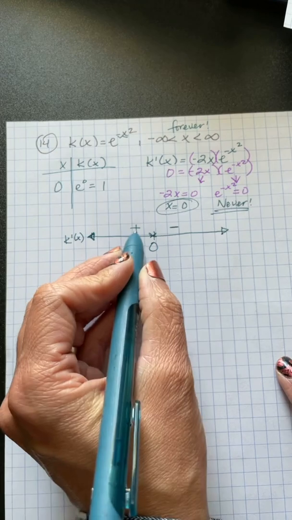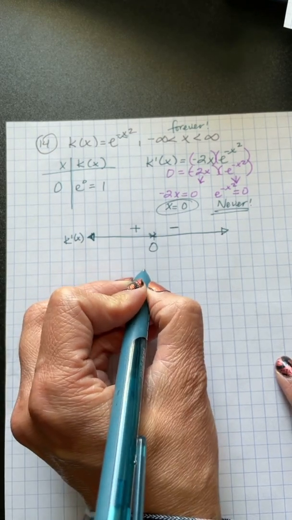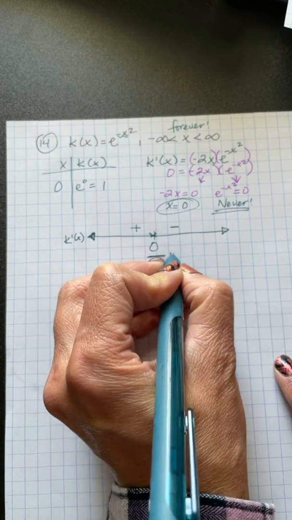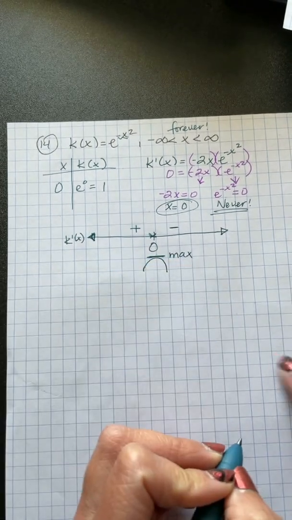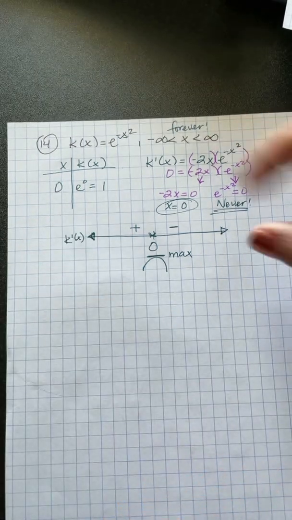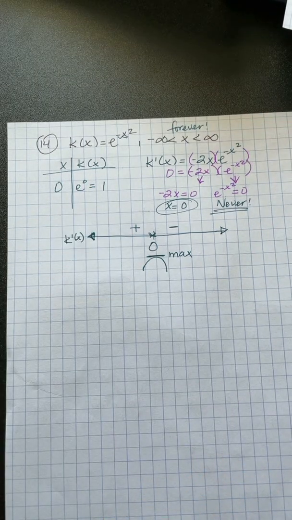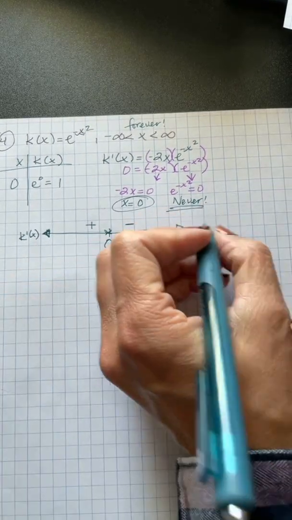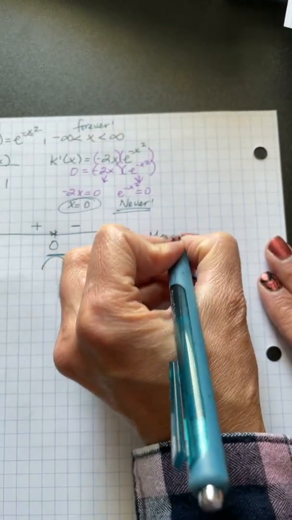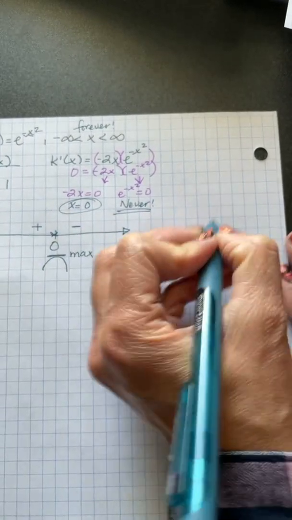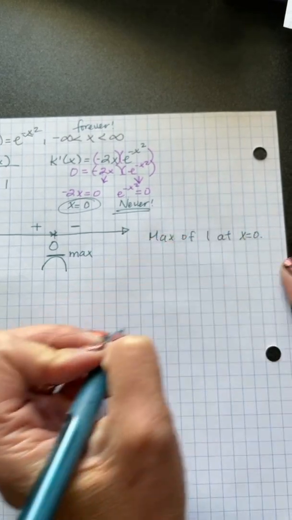So I know the slopes go from positive to negative, so it must go up and then down. That means we have a maximum at 0. Now, because we have an open interval, it's not an absolute max. It's open, so it's just called a max. So we'll call it a max, the value is 1 at x equals 0.